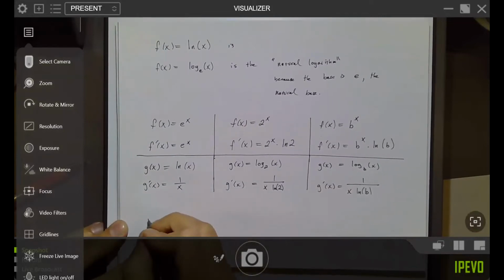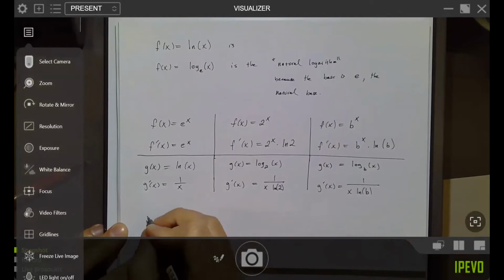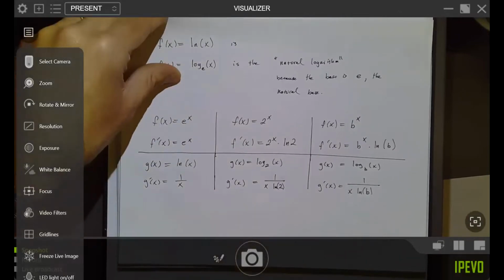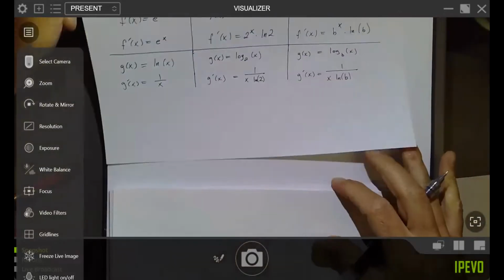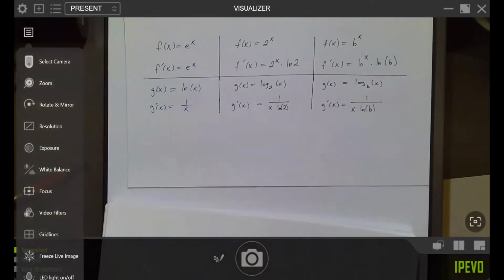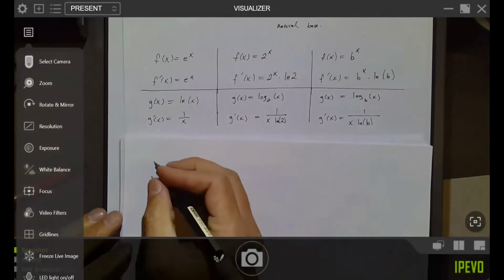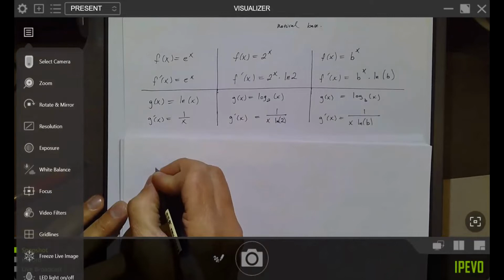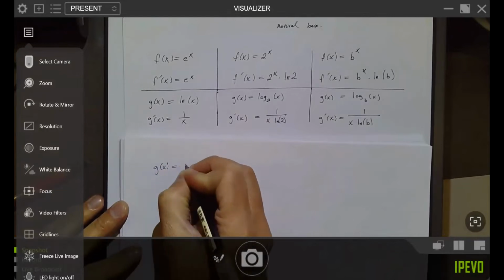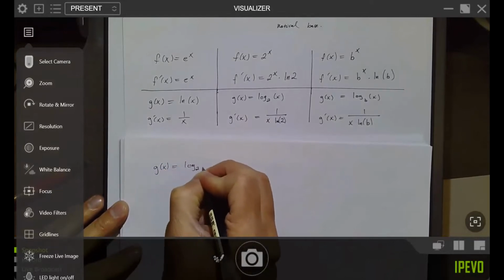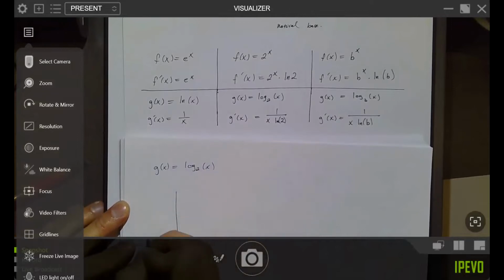In the last couple minutes here, I will just point out a couple graphs. So if I were going to graph, let's give yourself a new page here, James. Just to go along with our exponential graphs, if we were going to graph log base 2 of x, it looks like this.